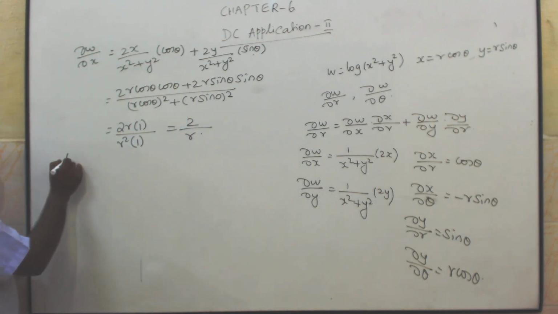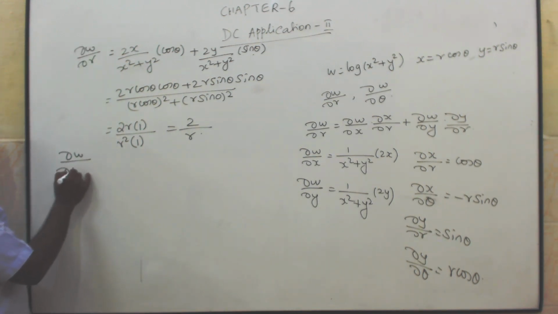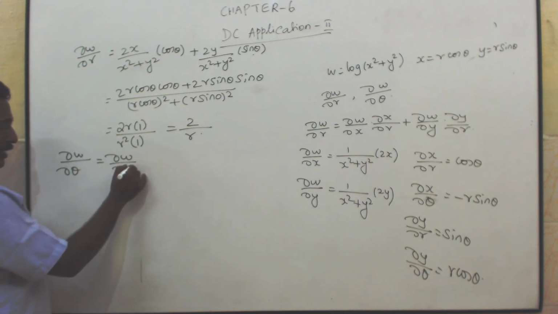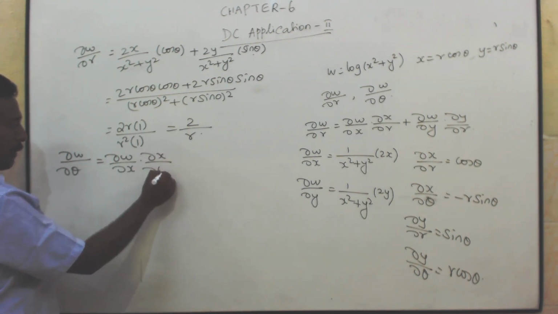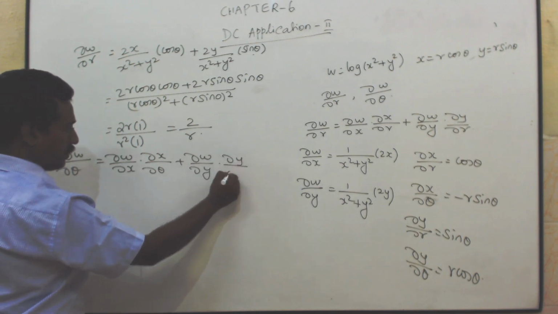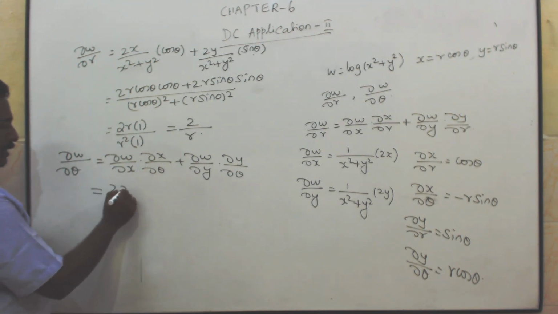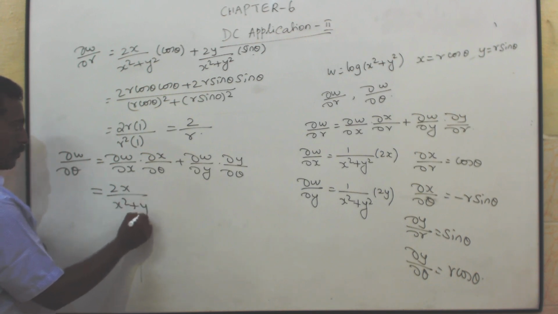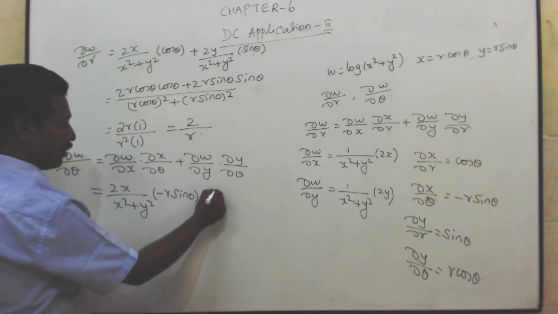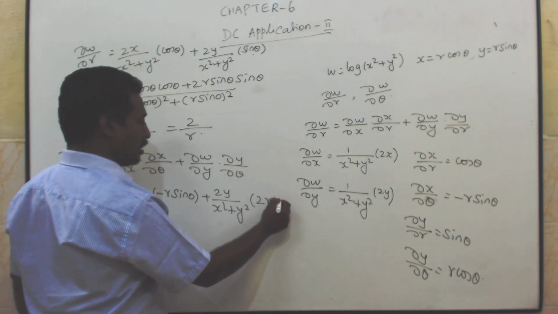Same way you can find ∂w/∂theta. The formula: ∂w/∂theta equals ∂w/∂x into ∂x/∂theta, plus ∂w/∂y into ∂y/∂theta. We know that ∂w/∂x is 2x by x square plus y square, and ∂x/∂theta is minus r sin theta. ∂w/∂y is 2y by x square plus y square, and ∂y/∂theta is r cos theta.